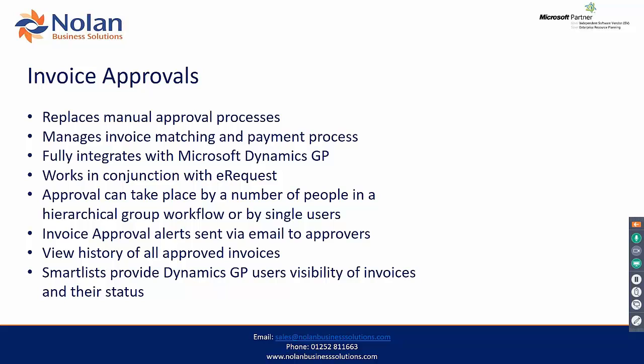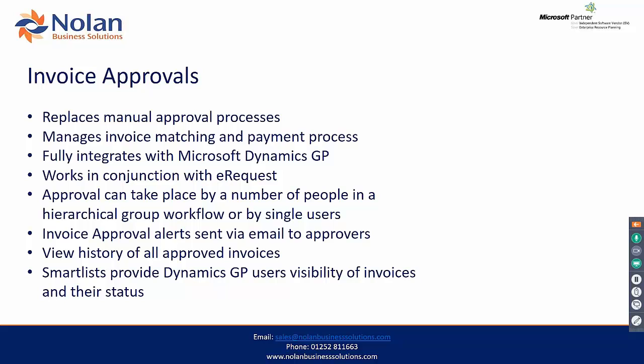Approval can take place in a hierarchical group workflow, or you can send invoice approval to single users. As the invoice is approved by the approver, an email can be sent out to approvers to tell them that they need to approve this invoice, or that they have a list of invoices to approve, just as an alert to tell them to log into IRRI Quest and approve it.